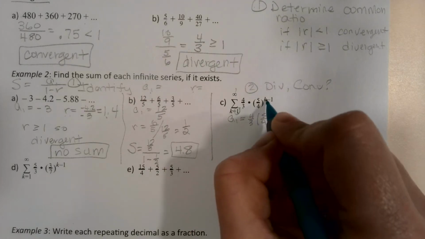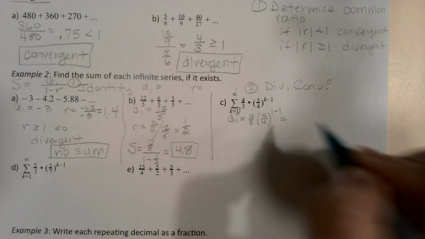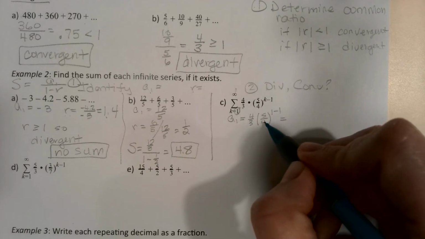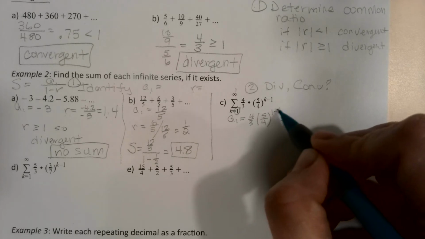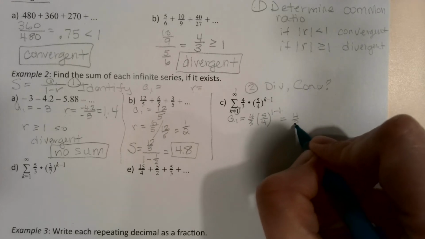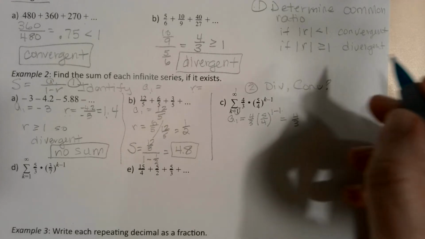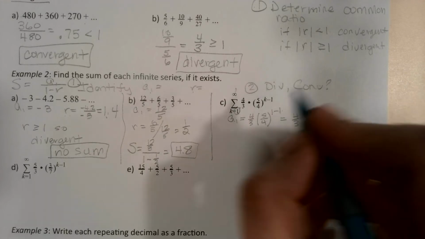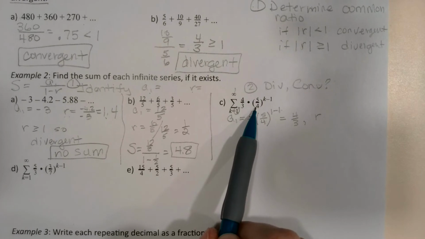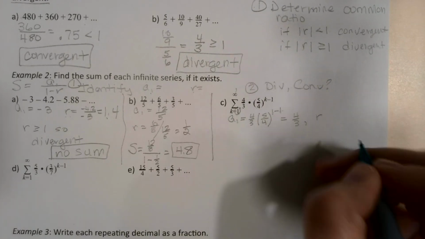We plug in k is 1 here, 1 minus 1. Okay, so this is 5/4 to the 1 minus 1. Remember, something to the 0 power is just 1. So this is 4/3. The ratio, we can just pull from the problem. The ratio is always this number taken to the exponent. So that's 5/4.